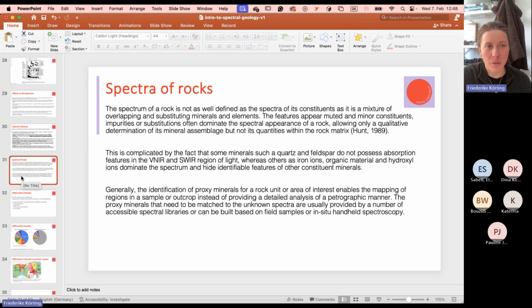Spectra of rocks: we talked about minerals right now, which makes it a lot easier because we assume that a mineral is monomineralic. But once we look at rocks and rock textures, it becomes a bit more complicated. Unless we're looking at pegmatites, then we might be able to resolve the actual minerals, but we will also look at mixtures of minerals within a spectrum.